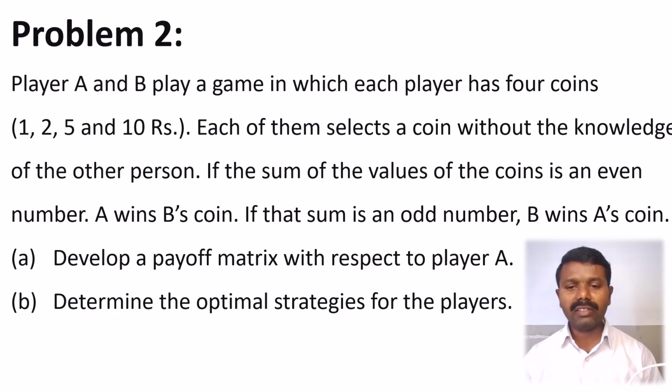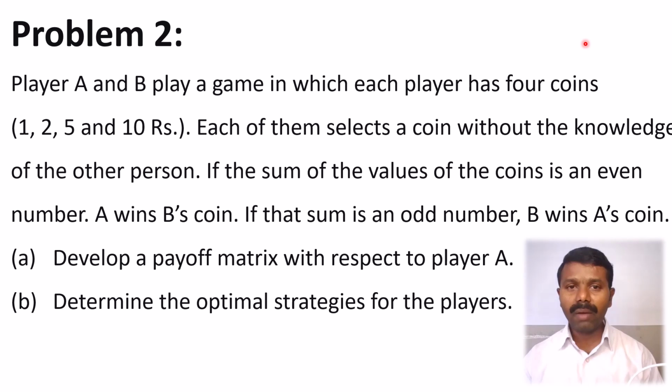Here, in this second problem, two players are playing a game in which each player has 4 coins: 1, 2, 3, 4, 5, and each of them selects a coin without the knowledge of the other person. If the sum of the values of the coins is an even number, A wins B's coin. If the sum is an odd number, B wins A's coin.